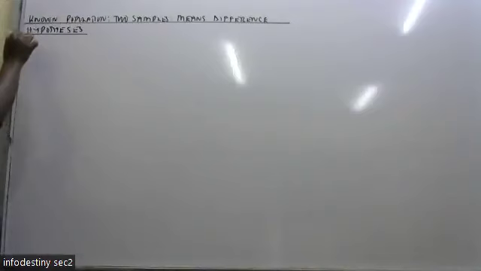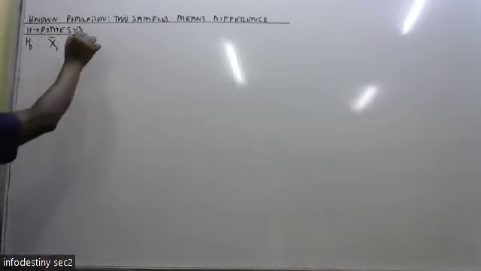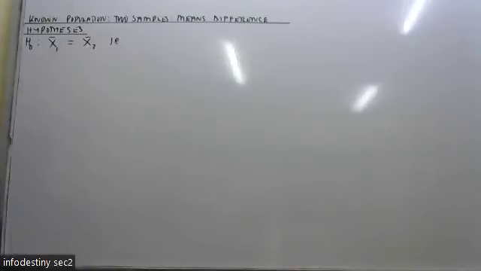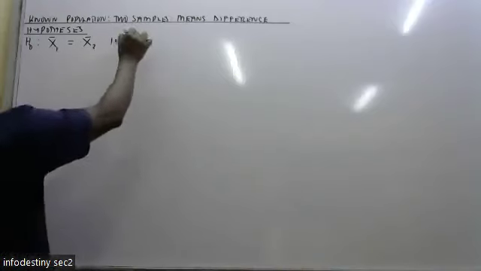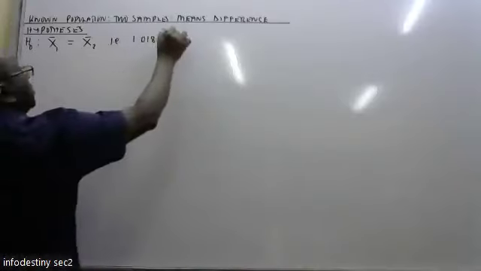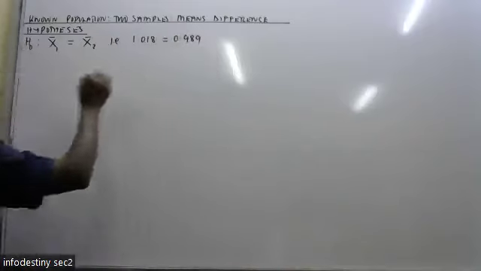Now in the hypothesis, the null is written like this: x bar 1 is equal to x bar 2. In other words, we are saying there is no difference. The mean you have seen in the first one is the same as the mean in the second. The first sample had a mean of 1.018, and the second one has a mean of 0.989.